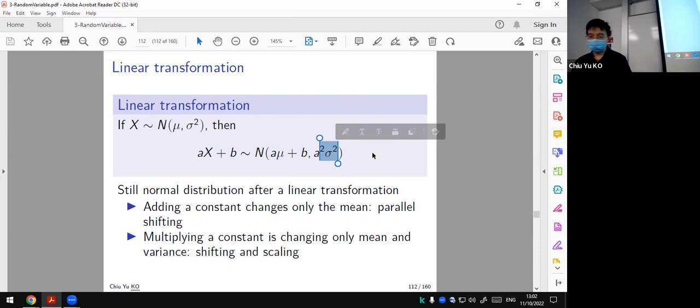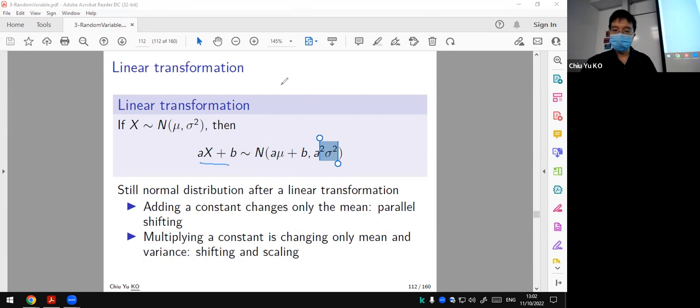The mean and variance come from what you learned before, right? The expected value of AX plus B is A times expected X plus B. Because expected X is mu, that's how you get this mean.